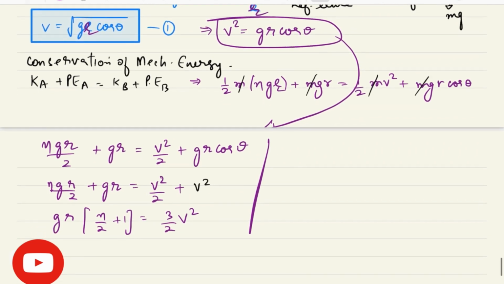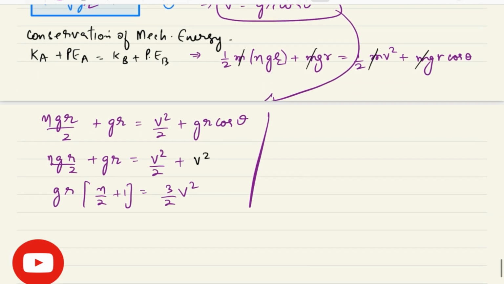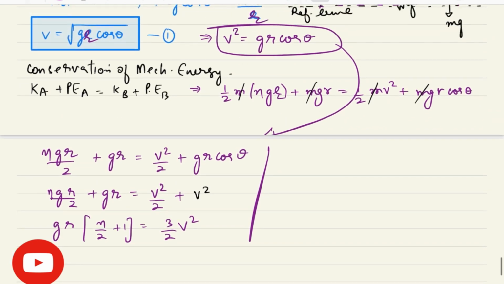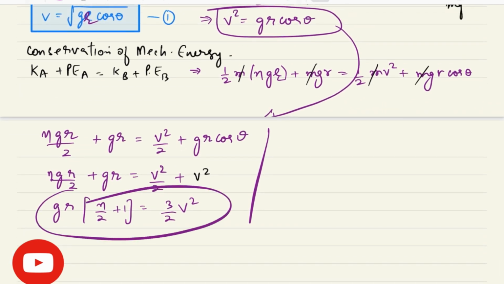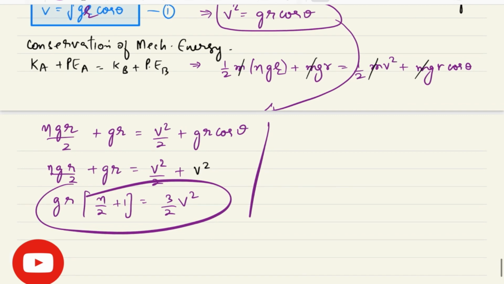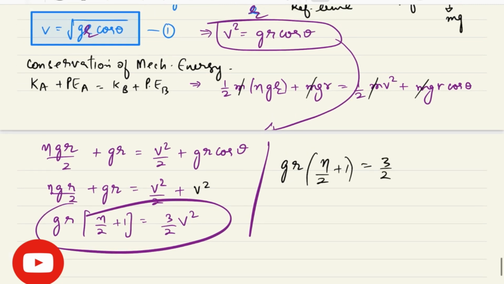We can use this equation and equation one. Both have v squares, so let's calculate theta from that. This is g R times eta by 2 plus 1 equals 3 by 2 v square, which is equal to g R cos theta.